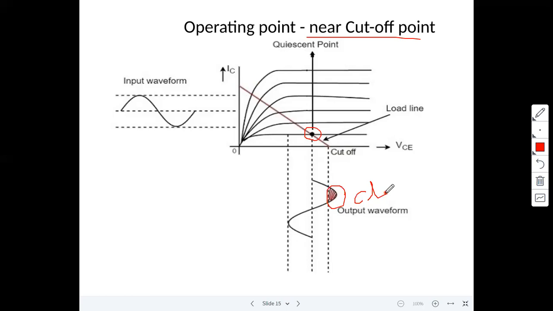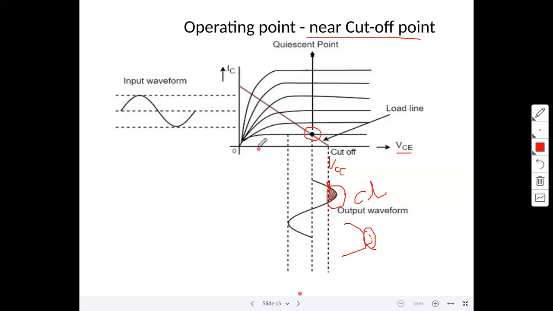The maximum output VCE is VCC, and beyond that we cannot get more. At this point VCC is reached, so a certain portion of the positive cycle is clipped off.